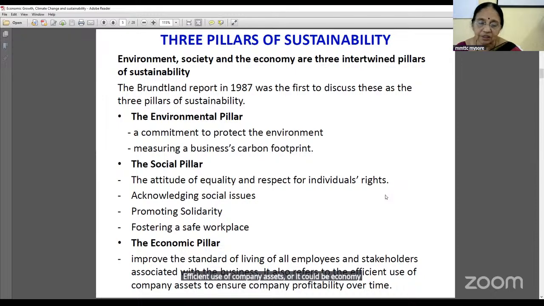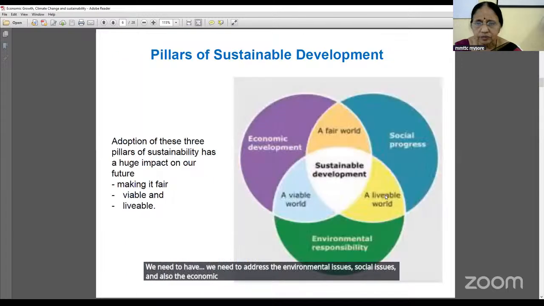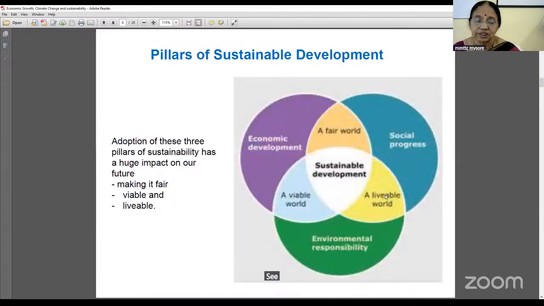So basically the economic dimension talks about the efficient use of resources. So for sustainable development, we need to address the environmental issues, social issues, and also the economic issues. These are the pillars of sustainable development.